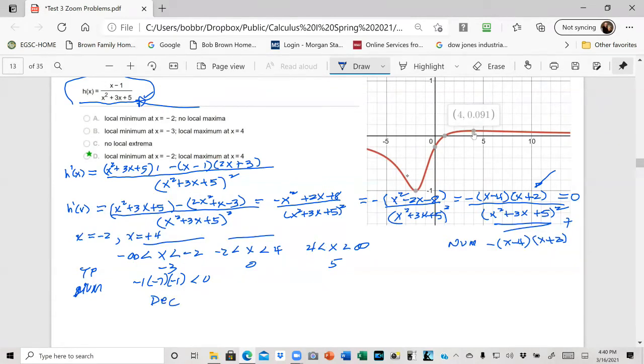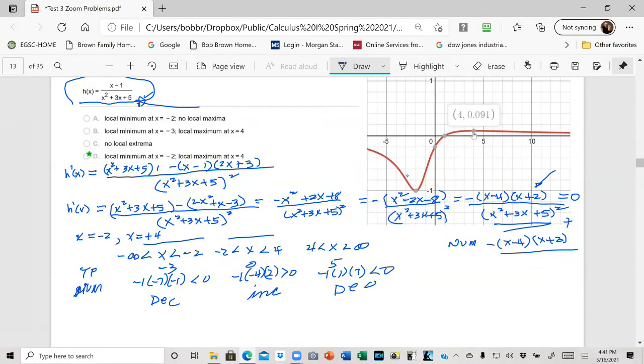We'll plug in 0 in the numerator and we get minus 1, minus 4, and 2, which is more than 0, which means it's increasing. And then we'll plug in 5 and we'll get minus 1 times 1 times 7, which is less than 0, so it's decreasing.